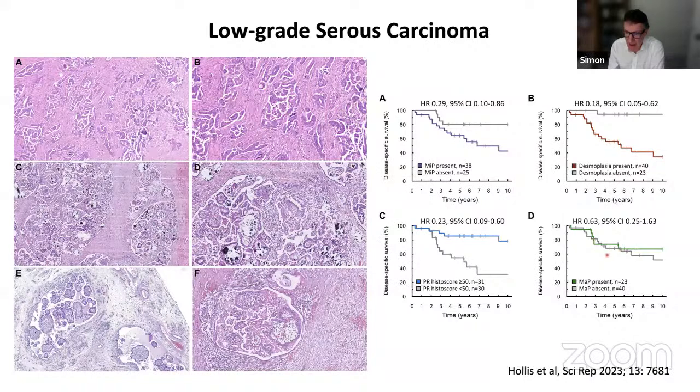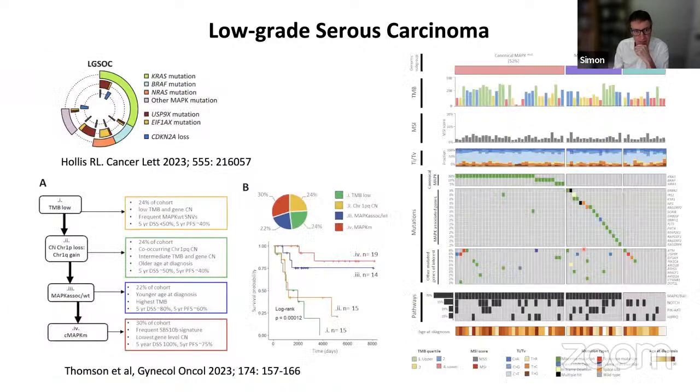Whereas the presence of a macropapillary invasion pattern, where the invasive tumor has fibrovascular cores, shows no predictive effect for outcome. So starting to see that not all low-grade serous carcinomas are the same.